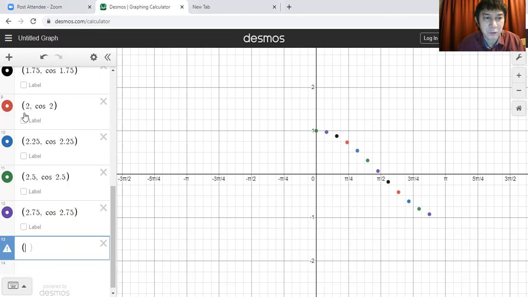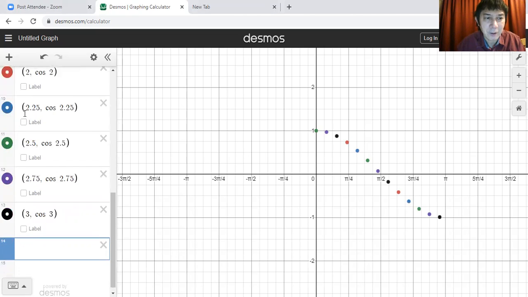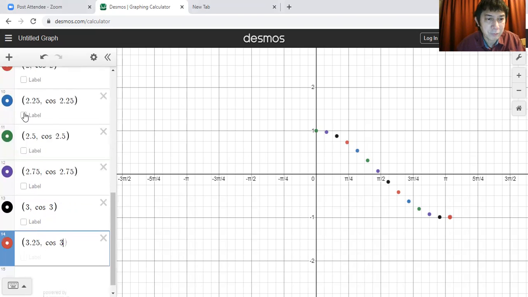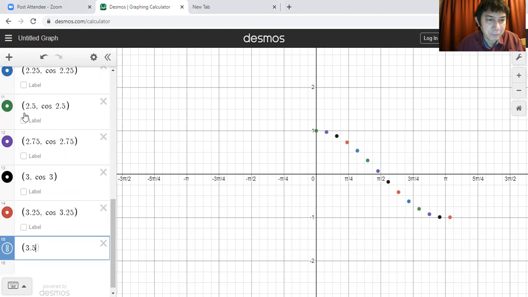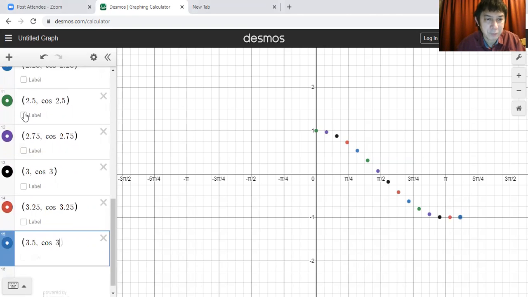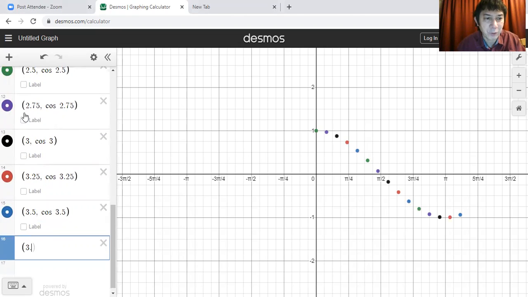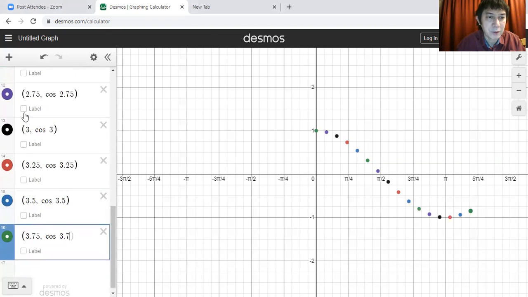Then we will proceed to 3, and then cosine of 3. Then 3.25, and cosine of 3.25. Next is 3.5, cosine of 3.5. Next for x is 3.75, cosine of 3.75 for y.